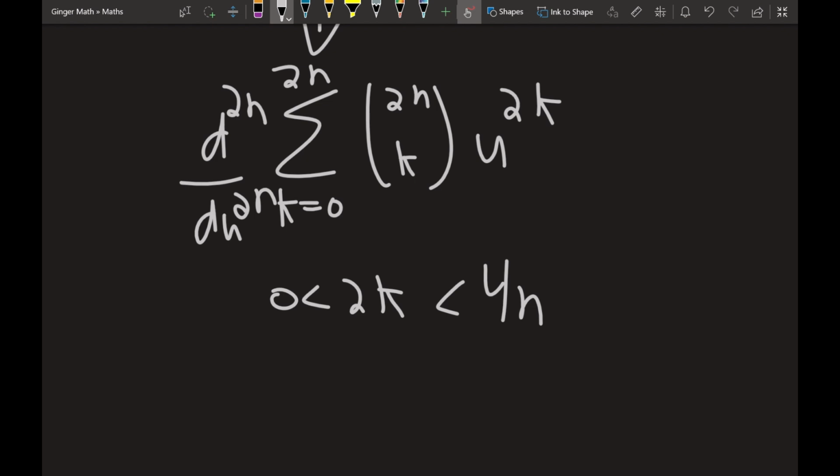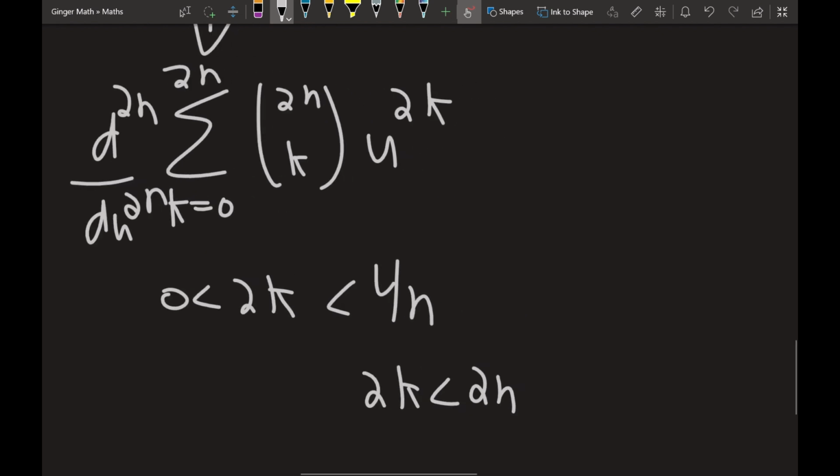So let's think about when we differentiate this. For 2k being less than 2n, the only thing we're going to be left with is 0, because we're differentiating it 2n times. Say, as an example, if we take the fourth derivative of x to the third, that's just going to be 0 because the order of the derivative is greater than the degree of the exponent.